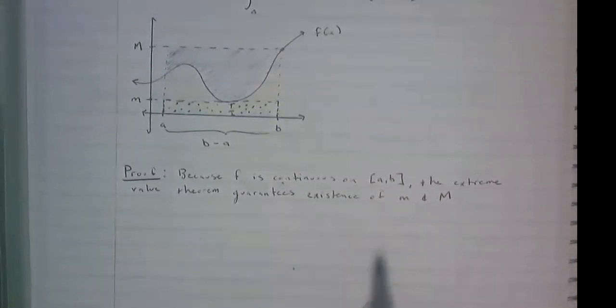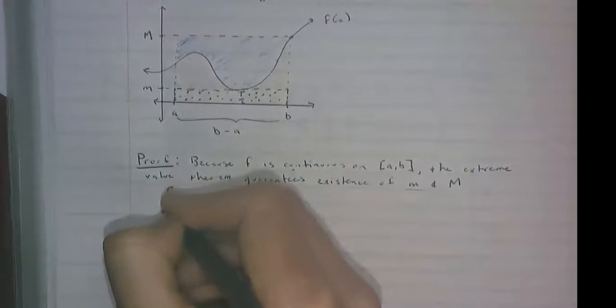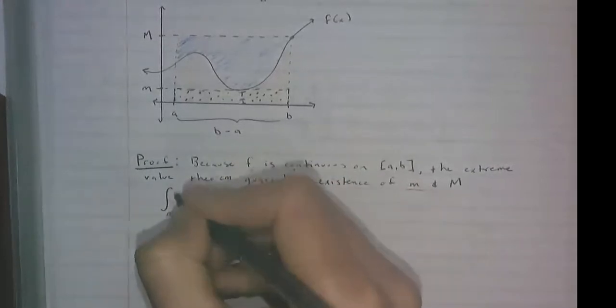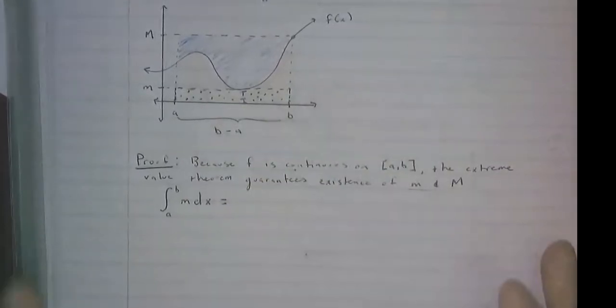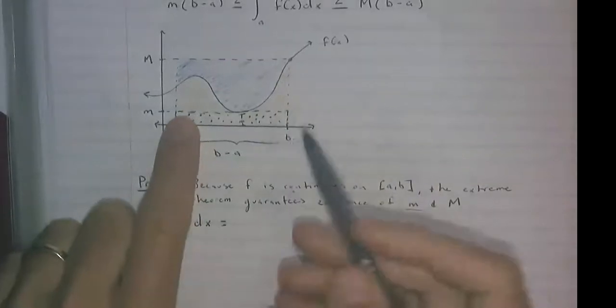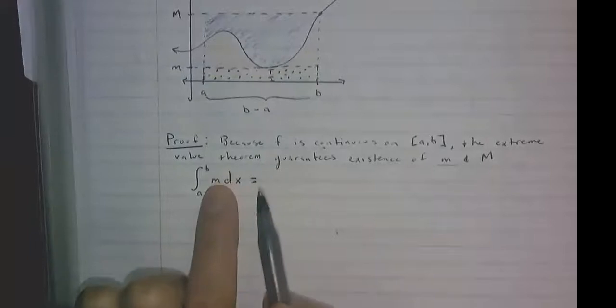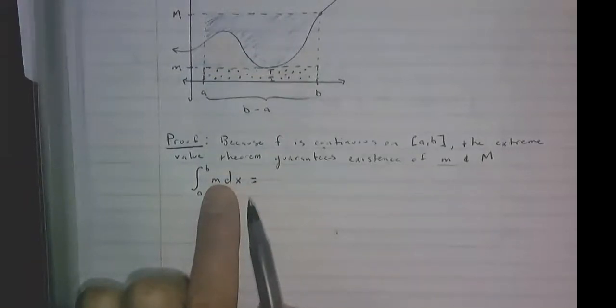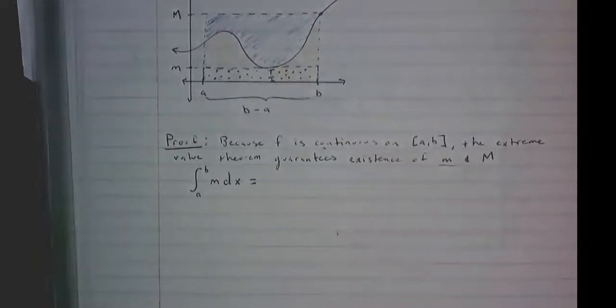And so the place we're going to start is with little m. If we were to integrate some function m on that interval from a to b, both because we can just see it, but also from theorem 4.5 point something that said if we have a constant as our function, then the area underneath that curve is just that constant times the length of the interval, okay?